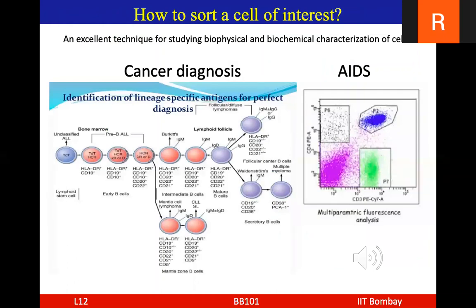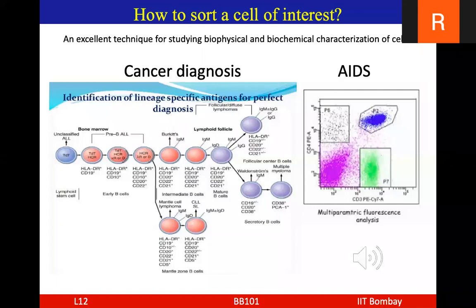And this technique is right now used for many different purposes. For example, take an HIV patient who ultimately develops AIDS. Why do they develop AIDS? Because they do not have any more CD4 positive T cells, and you can quantify them using this methodology. If you see on the right-hand side, the AIDS panel, this is flow cytometry data.